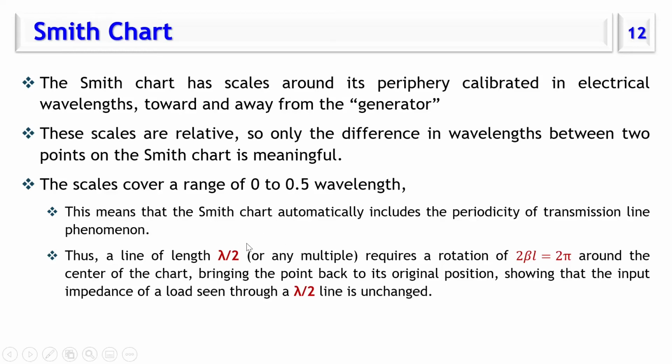Every time you move by lambda over 2, you are back to the same point, because impedance and reflection coefficient are both periodic quantities, and the period is lambda divided by 2.